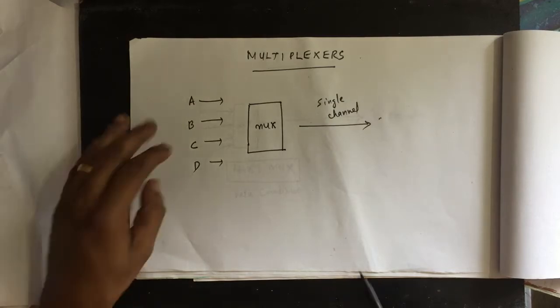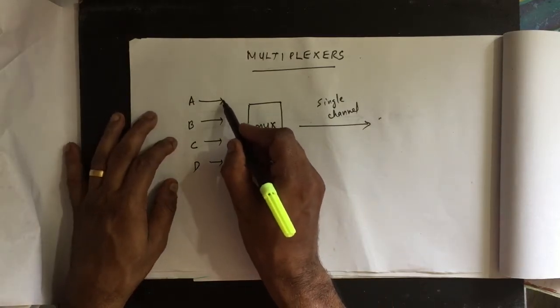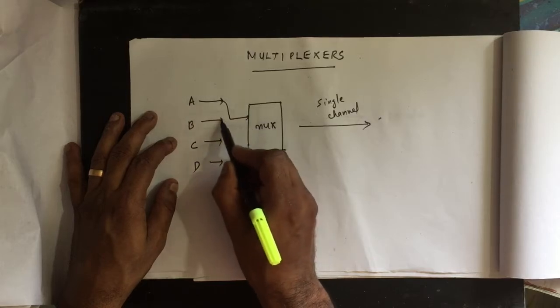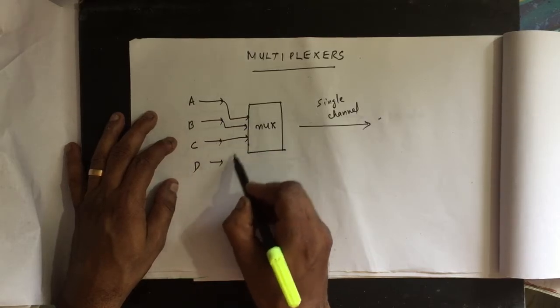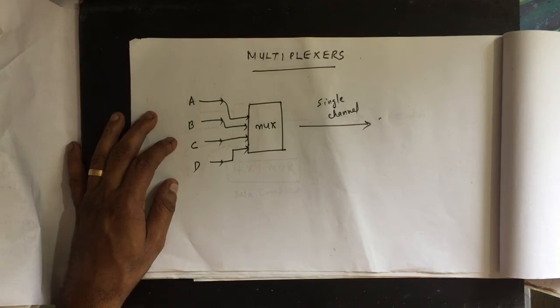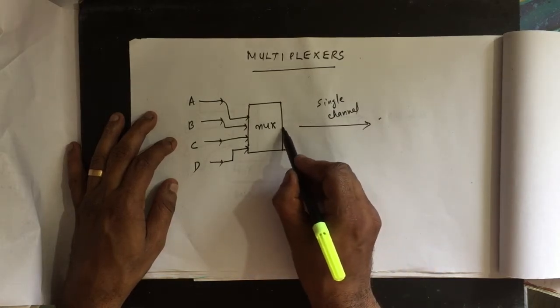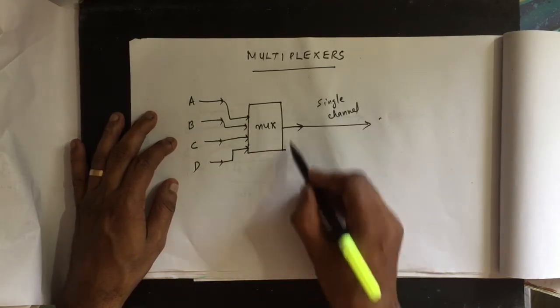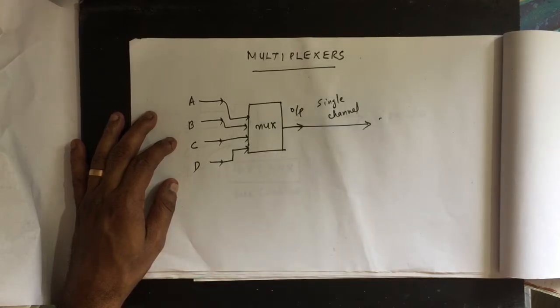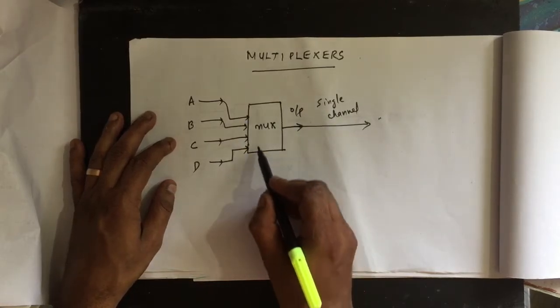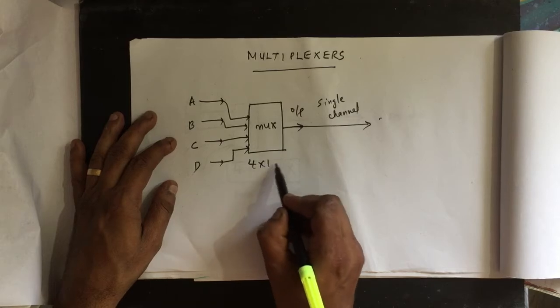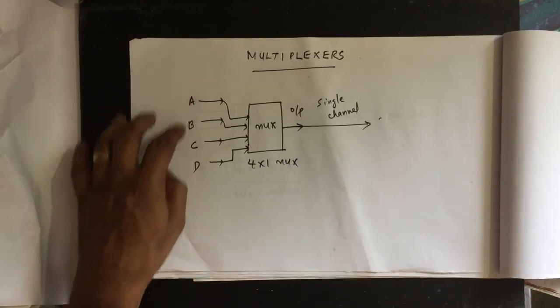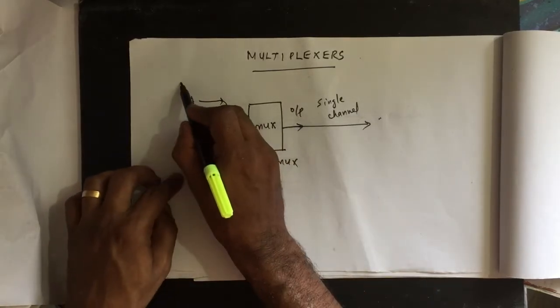All these inputs will go to this device, and this device will have only a single output and many inputs. This particular device is a 4x1 MUX because there are 4 inputs and 1 output.